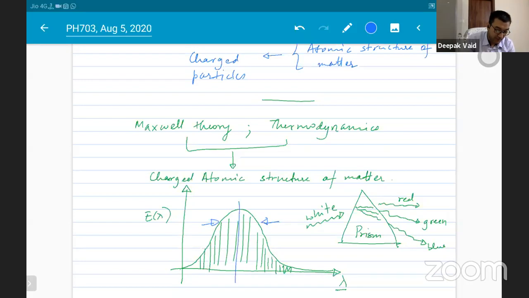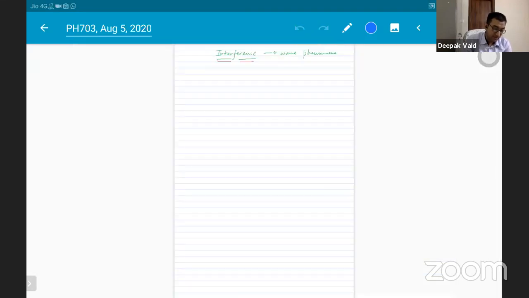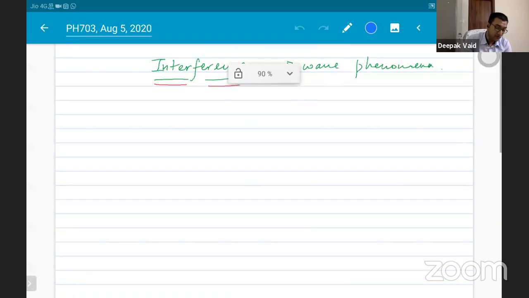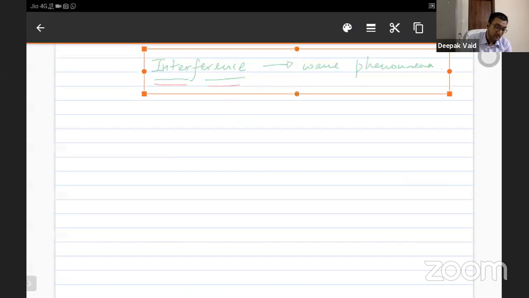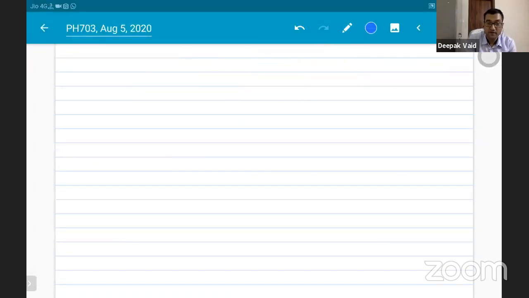So there is some mean wavelength or some maximum wavelength at which there is maximum amount of light emitted, and within this region, most of the energy of the radiation is contained. Okay, great. So now what people try to do is they try to understand how this comes about.